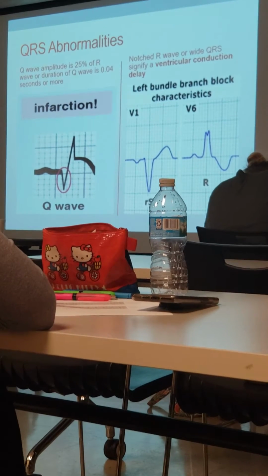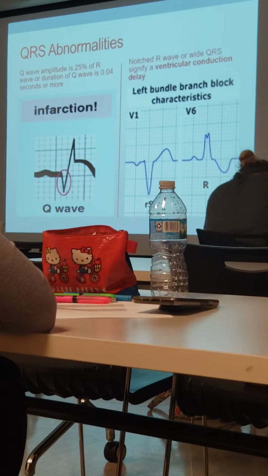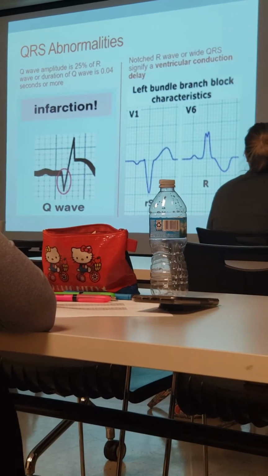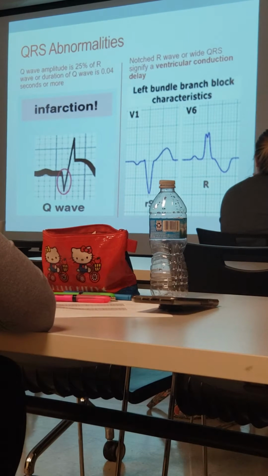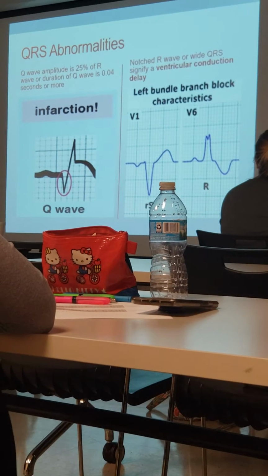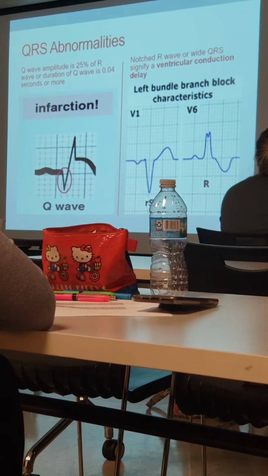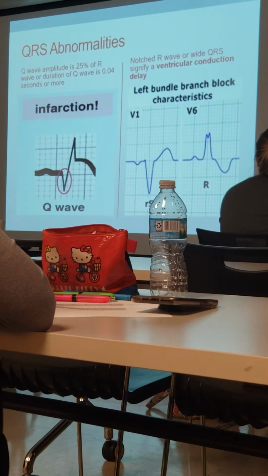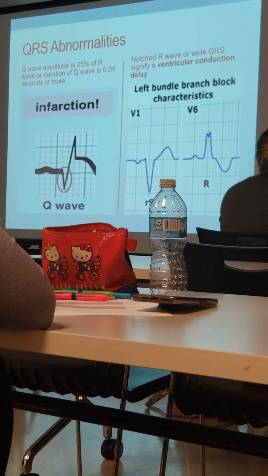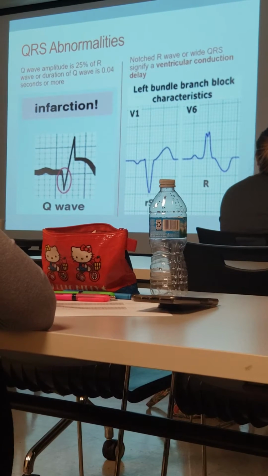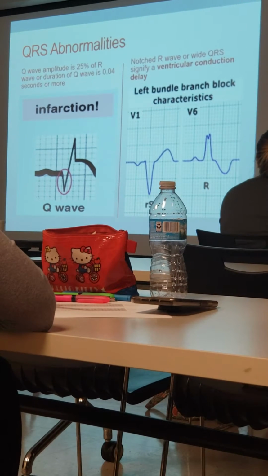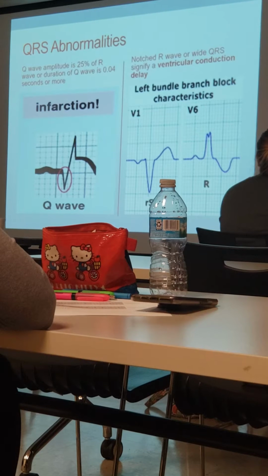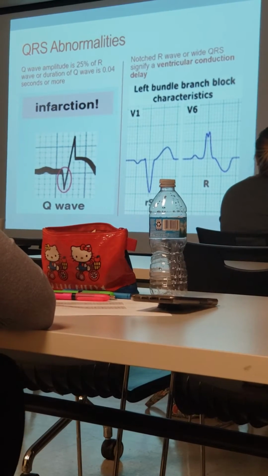And then I talked about the measurement of the QRS complex being too big or being abnormally shaped, and these are bundle branch blocks. So that means that when the impulse travels down the right and the left bundle branch, one of them could be blocked, which can delay the conduction time. If I delay the conduction time on one side, my QRS is going to widen past that 0.12, and if I see bunny ears, just like that one there, that is characteristic of a left bundle branch block.